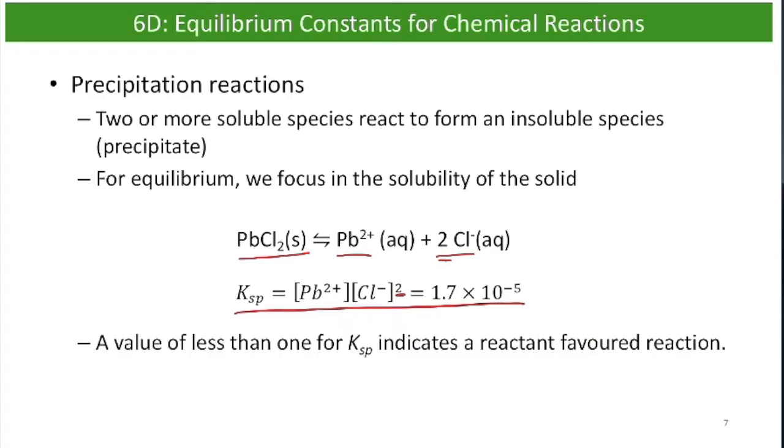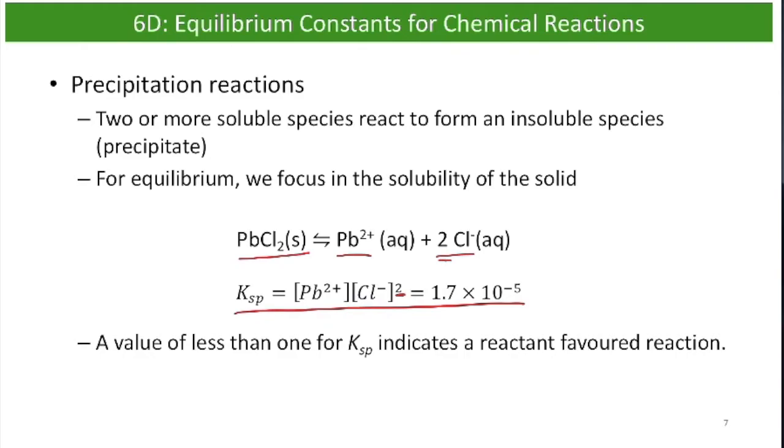If this is a number that is much less than 1, which it is, then this is a reactant favored equilibrium, meaning there's going to be a whole lot of lead chloride solid in this mixture and very little lead 2 plus and Cl minus dissolved. So remember, a value of less than 1 indicates a reactant-favored reaction for any equilibrium constant. And for a KSP expression, they're always going to be less than 1 because we're talking about something that is not very soluble.